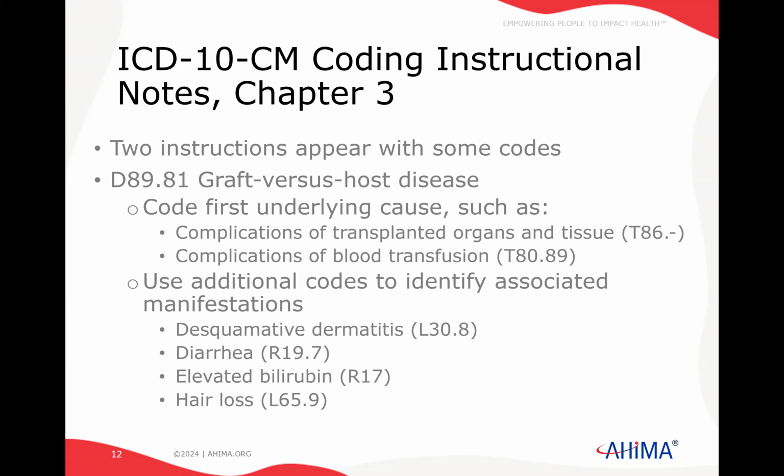And we see sometimes more than one instruction, as we see here with the D89.81, the graft versus host disease. We code first the underlying cause, and then we use additional codes to capture the diarrhea or the other manifestation of graft versus host disease.